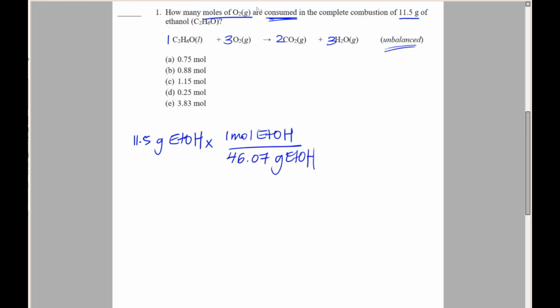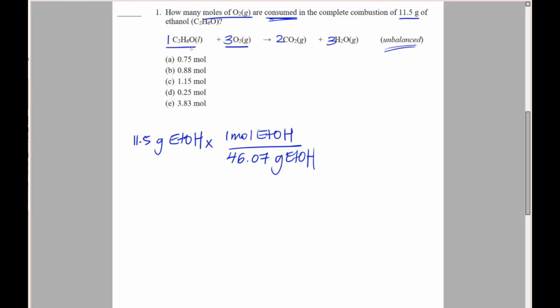In this case, we're starting off with 11.5 grams of ethanol, so we write 11.5 grams of ethanol. And we can multiply this by 1 mole of ethanol over its molar mass, which you can calculate on your own, but I just looked it up, and it's 46.07 grams of ethanol.